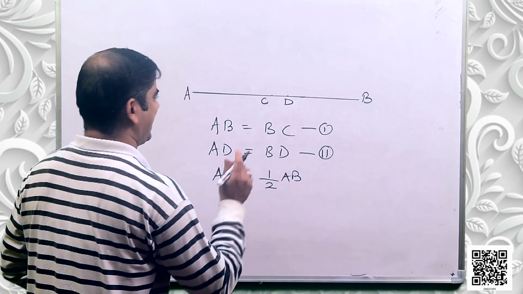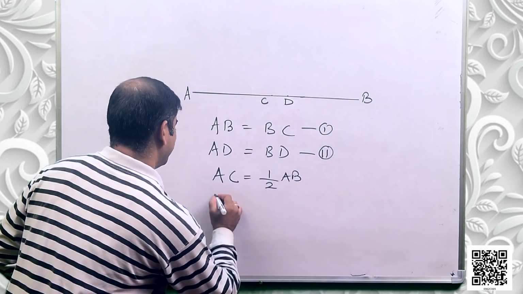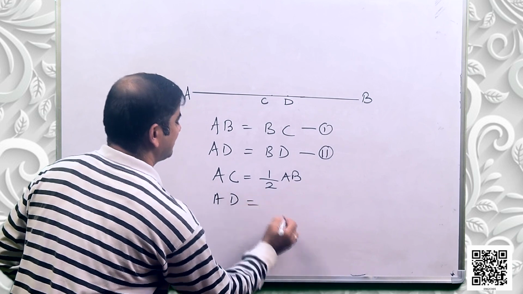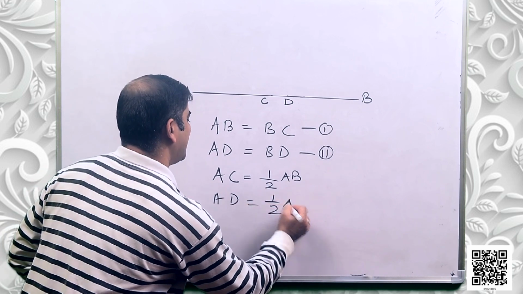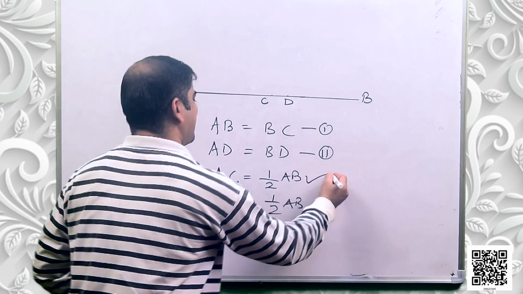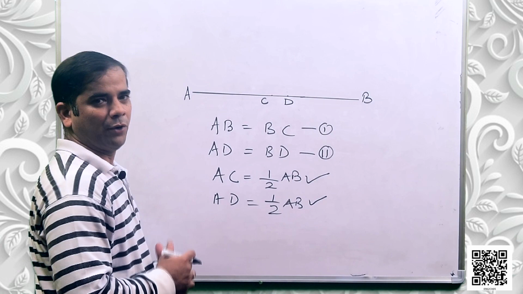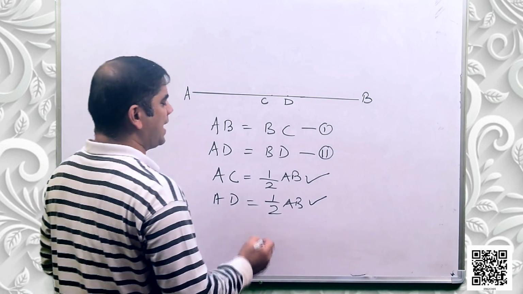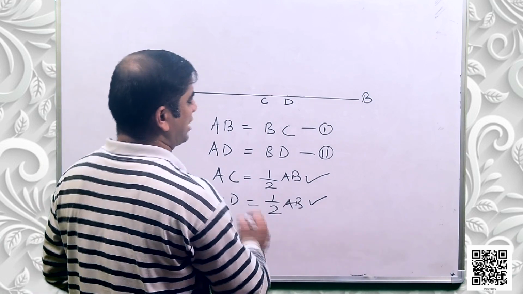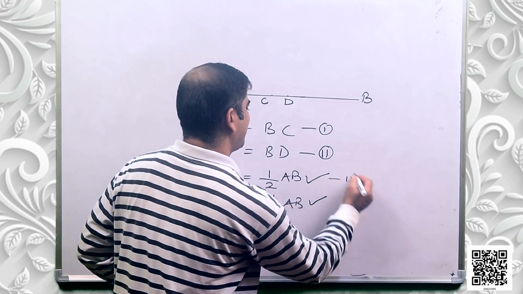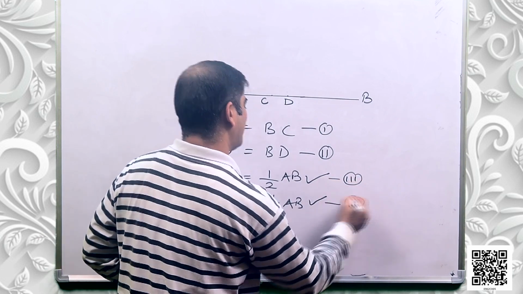Again, if I take AD, that is also equal to half AB, because in this case C is the midpoint and in this case D is the midpoint. So, suppose this is equation 3 and this is equation 4.